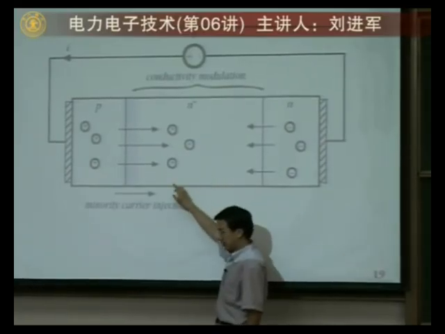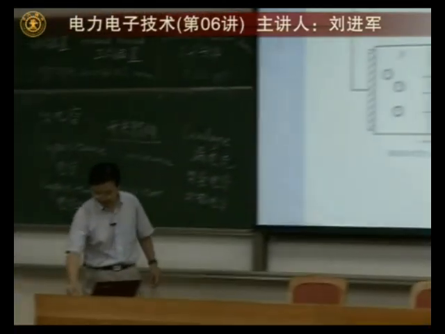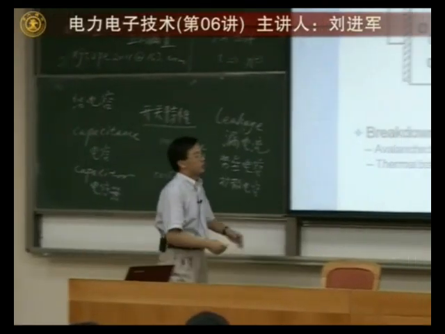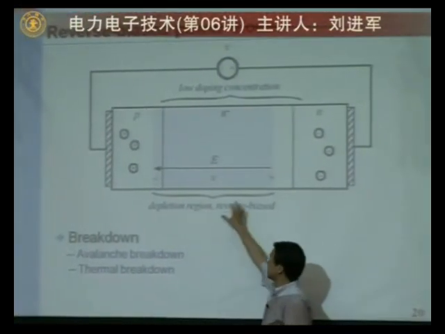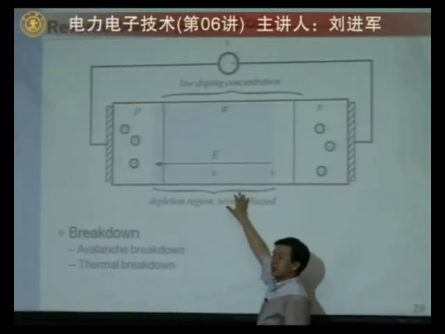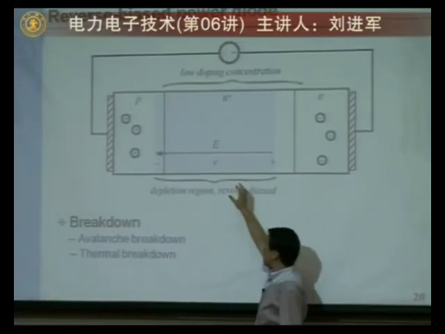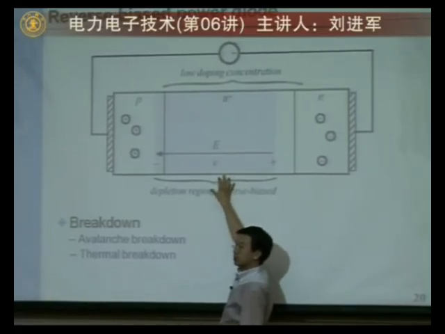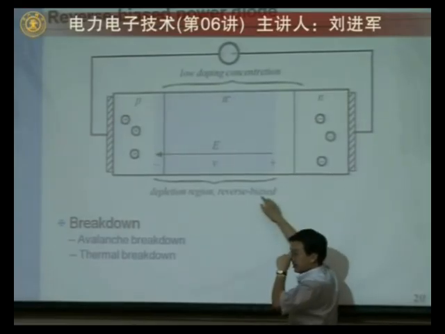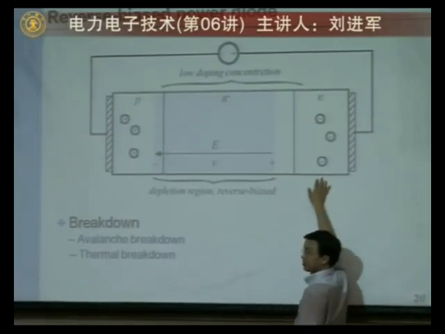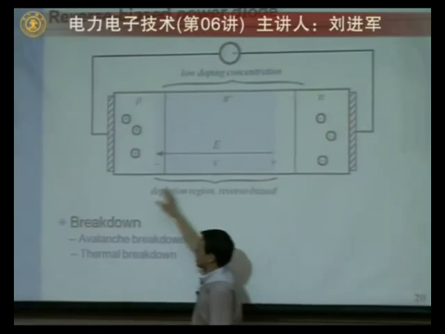And because the voltage is now reversed, the electrons in this region will be pushed back in this direction, and the holes will also be pushed back to the P region.